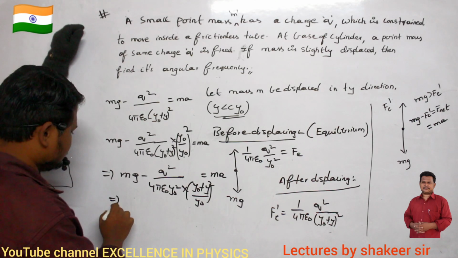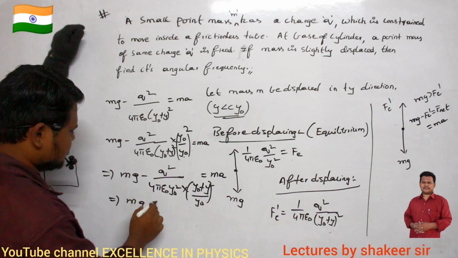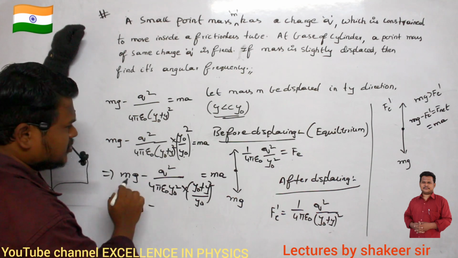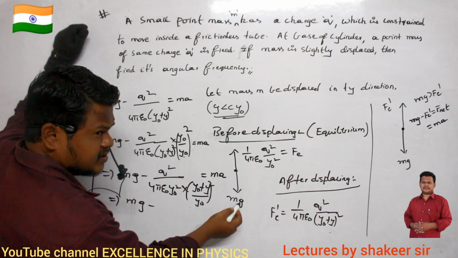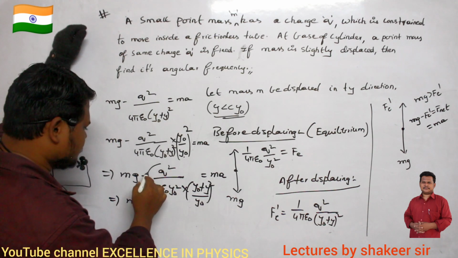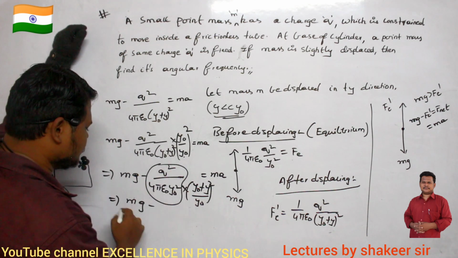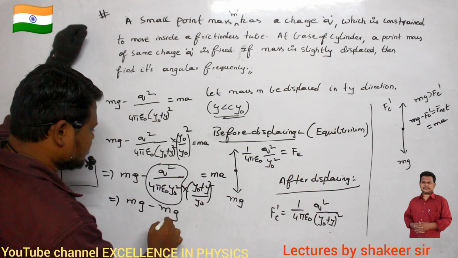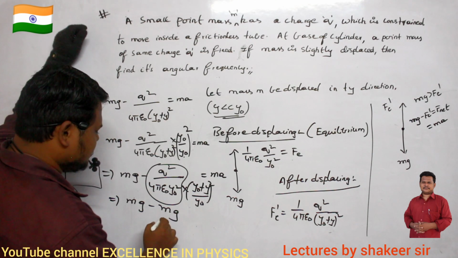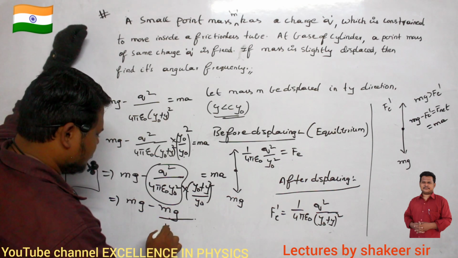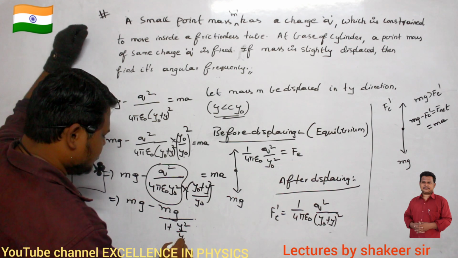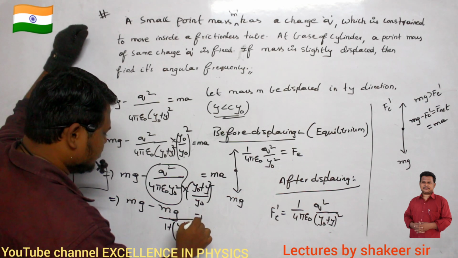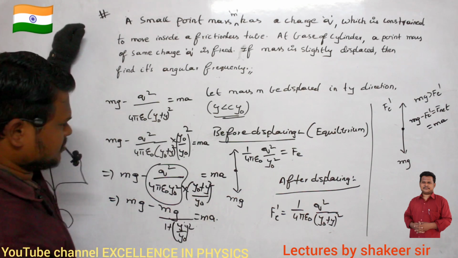So mg minus q square by 4 pi epsilon naught y naught square is nothing but mg only, previously. So instead of this, I will write mg. So mg divided by 1 plus (y divided by y naught) whole square is equal to ma. I can write up to here.